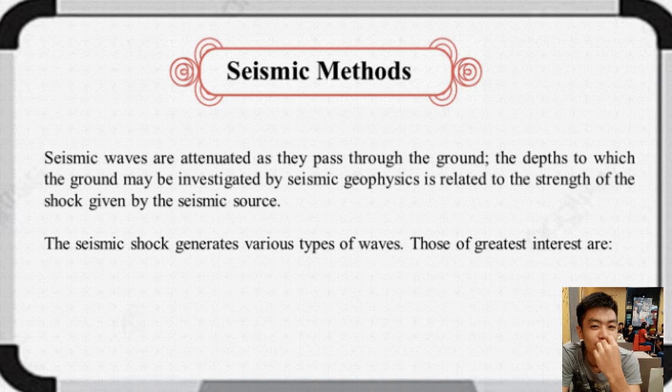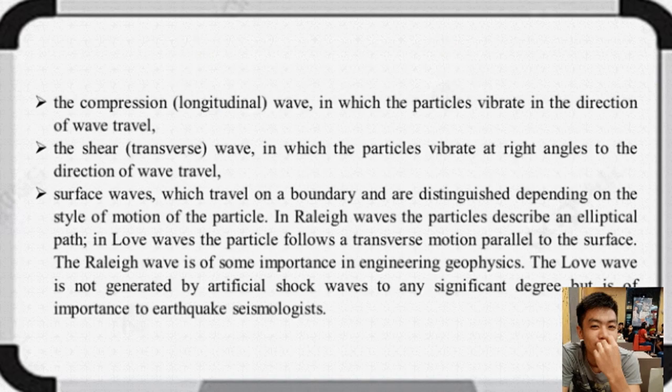Those of greatest interest are the compression or longitudinal wave, in which the particles vibrate in the direction of wave travel, the shear or transverse wave, in which particles vibrate at right angles to the direction of wave travel, and the last one is surface waves, which travel on a boundary and are distinguished depending on the style of motion of the particle.